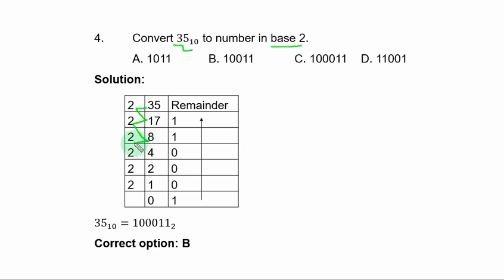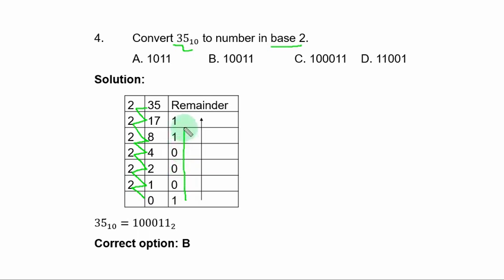Divide 8 by 2, 4, remainder 0. Divide 4 by 2, 2, remainder 0. Divide 2 by 2, 1, remainder 0. Divide 1 by 2, 0, remainder 1. And you take the remainder upward.